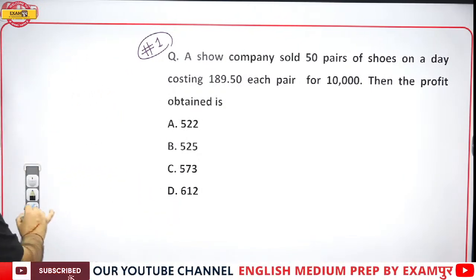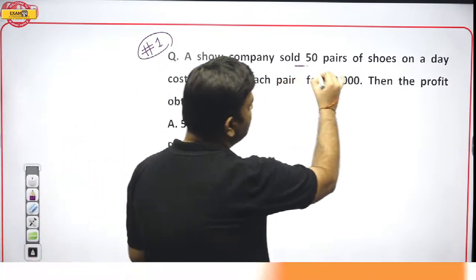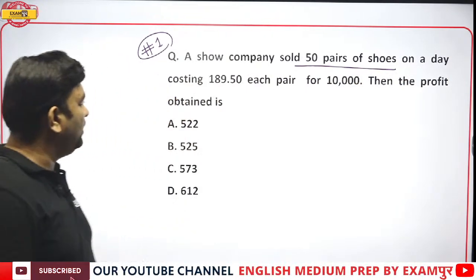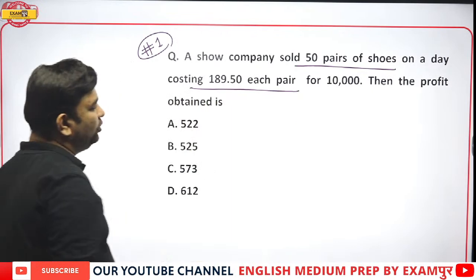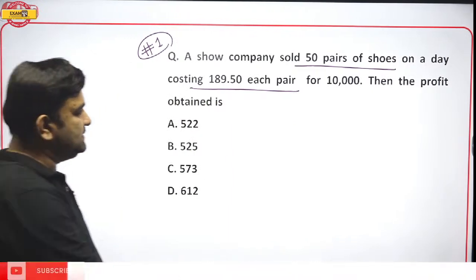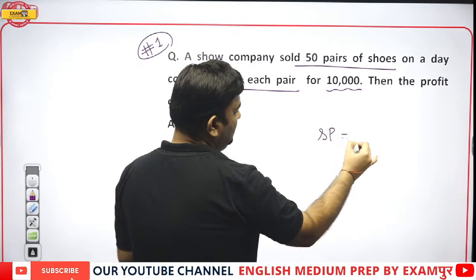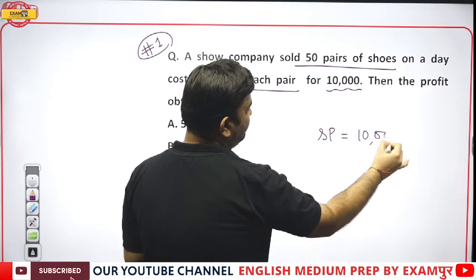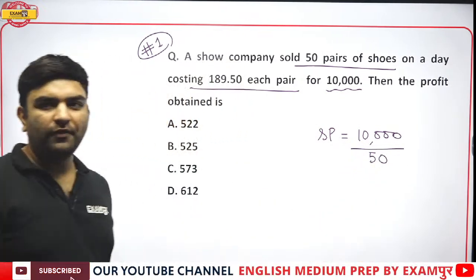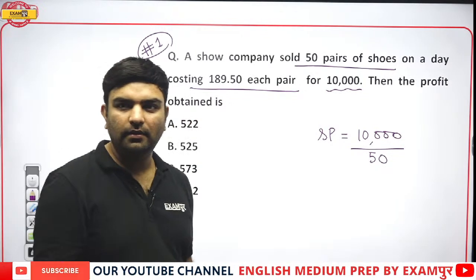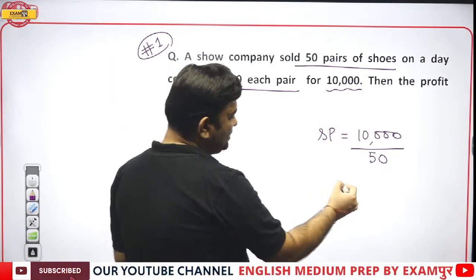A company sold 50 pairs of shoes on a day, costing 189.50 per pair, for rupees 10,000. So he sold 50 pairs for 10,000 rupees.